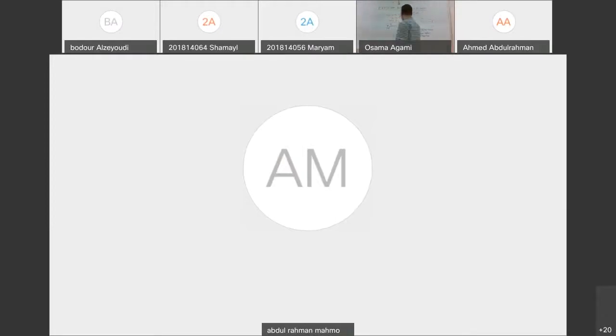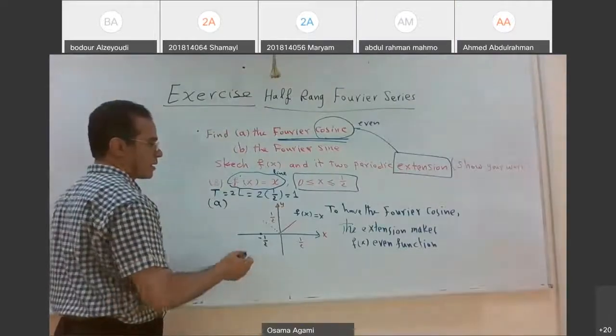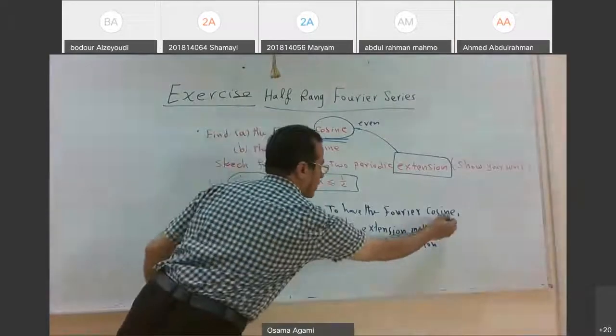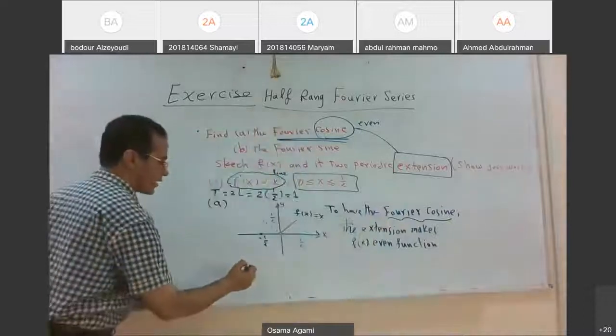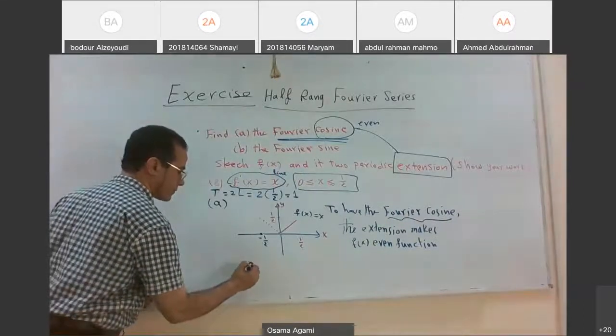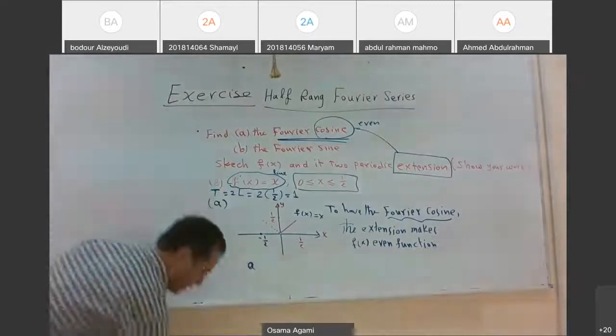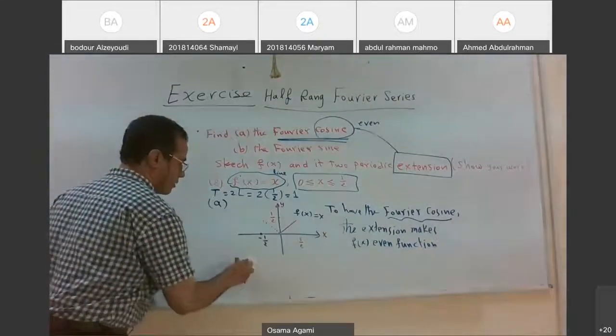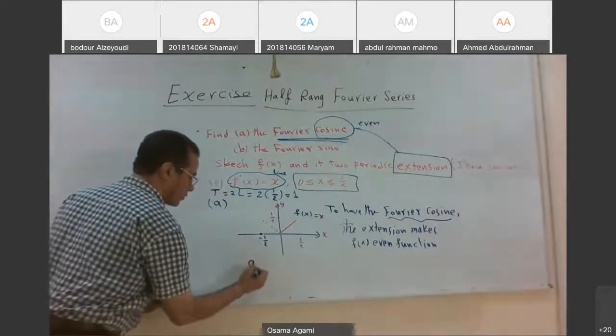So this will be my function. And I have only the cosine Fourier series, so I have to find a_n, and also a naught.